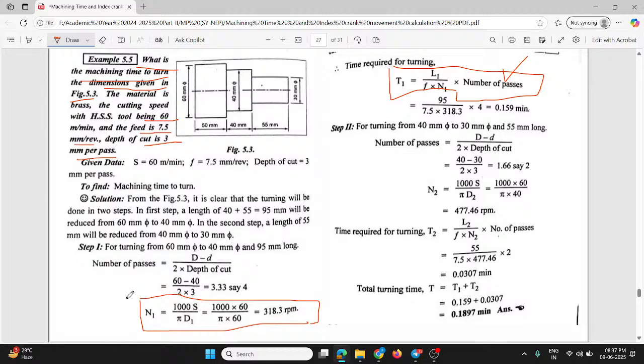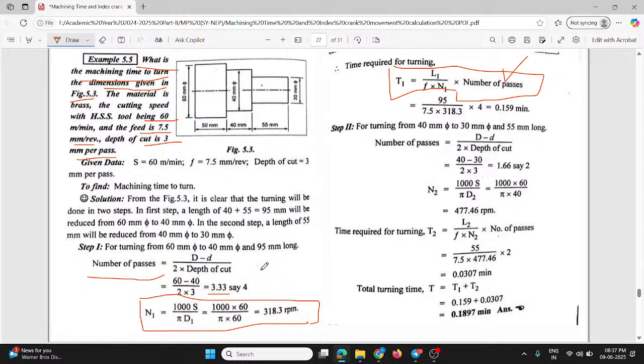Again, the maximum depth of cut is mentioned there, 3 mm. As usual, whatever we have discussed in the previous numerical, you have to calculate how many passes will be required. Here by using d minus d divided by 2 into depth of cut, you can get the number of passes required. It is nothing but equals to 3.33.